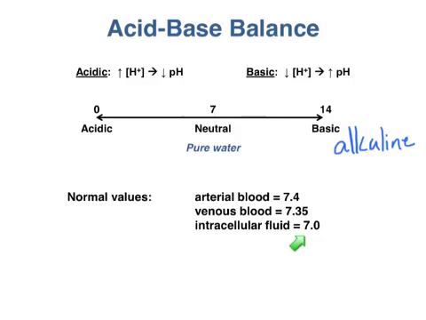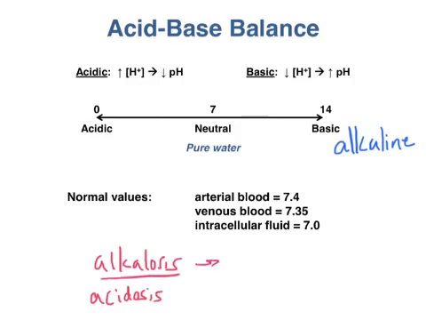Imbalances in the blood pH are referred to as either alkalosis or acidosis. As you might imagine, alkalosis is when the pH is a little bit too high. So that's when the arterial pH is greater than about 7.45.